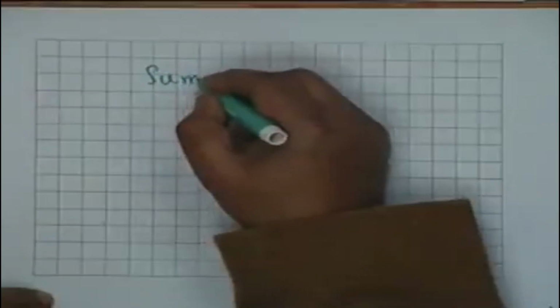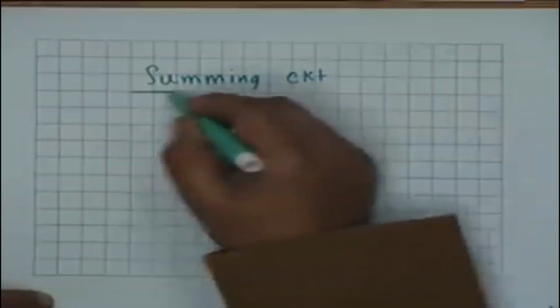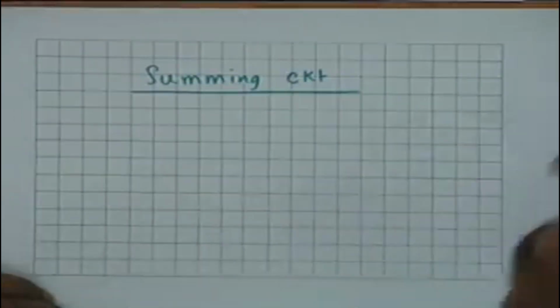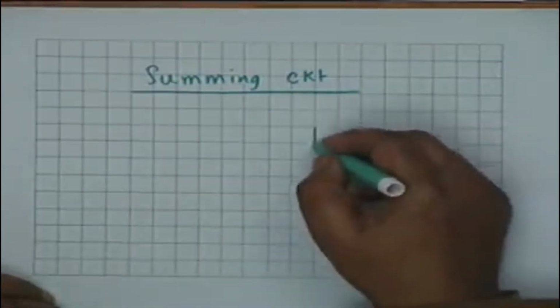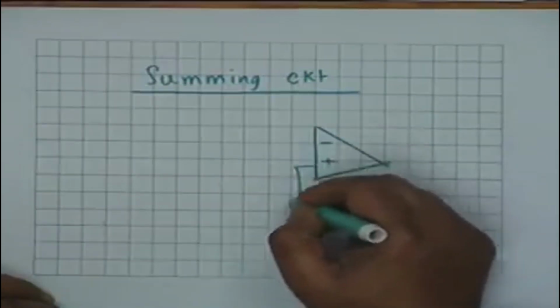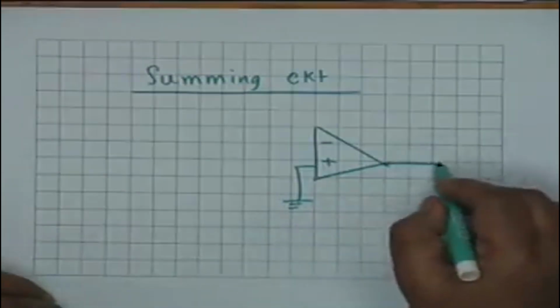Then we consider another application of the op amp in summing several voltages, in adding up a number of voltages, and the circuit is very simply this. The non-inverting terminal is grounded.